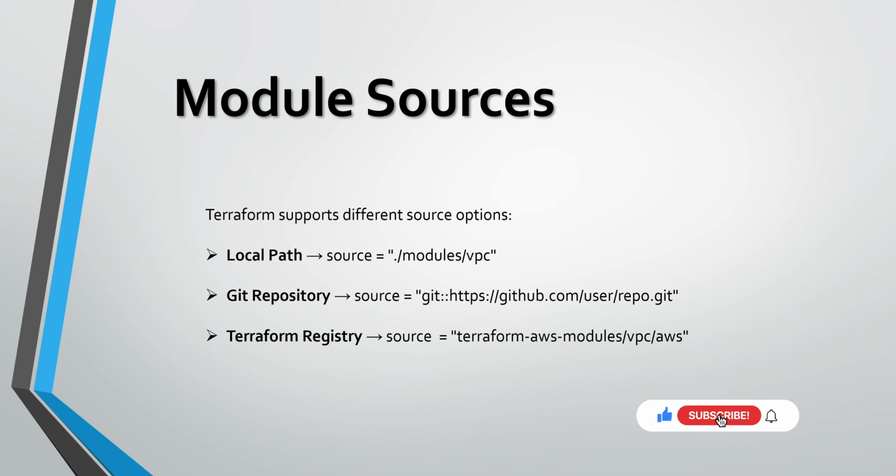But if you just assume that you have your private or public module deployed on the Terraform registry, then you can call the module like source terraform-aws-modules/vpc/aws. This is the way you can call a module from the Terraform registry. This is a public module, but you can create your private module as well in the Terraform registry.